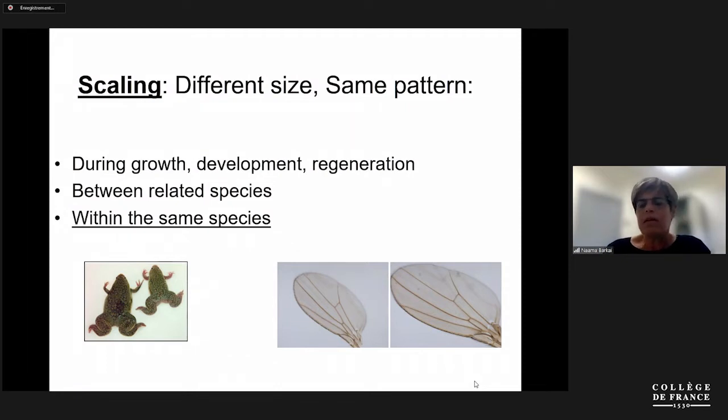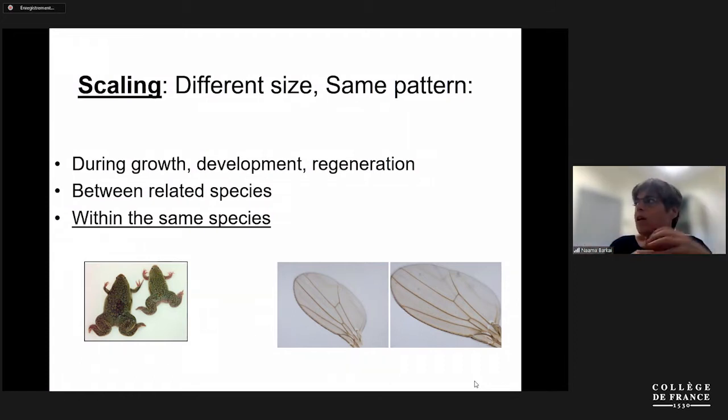And this is what I mean when I talk about scaling. You get a tissue that has some pattern. The tissue is of different size, but the pattern looks the same. Now we can see the scaling at 3 levels. We can see it during growth. If you look at some tissues as they grow, it looks like a balloon, where the pattern looks the same except that everything grows together.